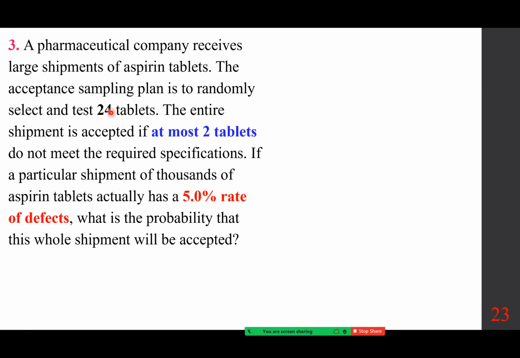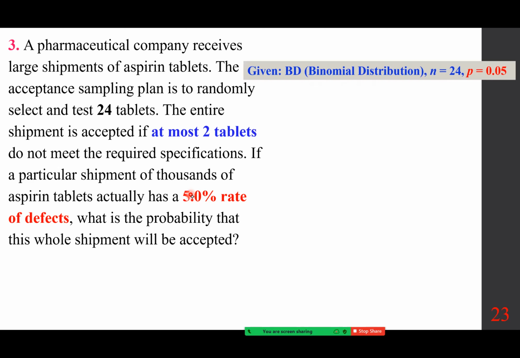So whenever you deal with binomial distribution, there are 2 things you need to know. What is n? 24. What is p? P is called the probability of success, and it is important to know it doesn't mean anything. It could be positive, it could be negative. Of course, defect is a negative concept, but that's fine. So p is 0.05.